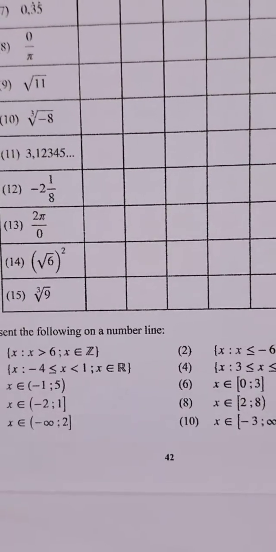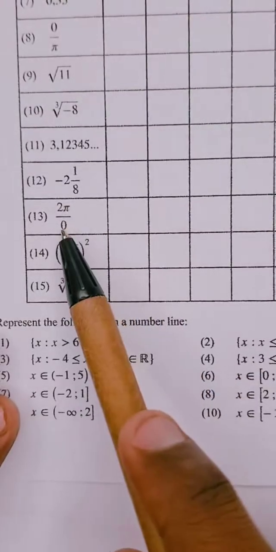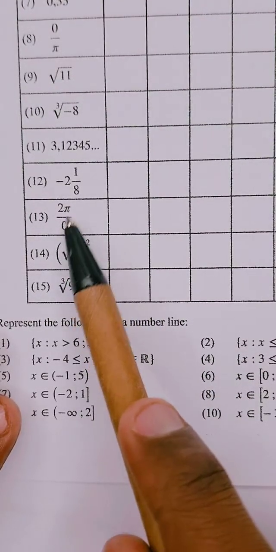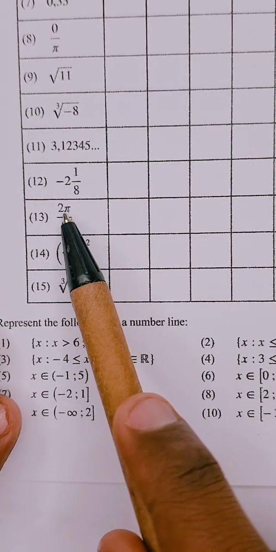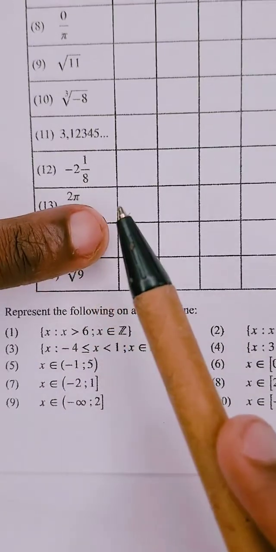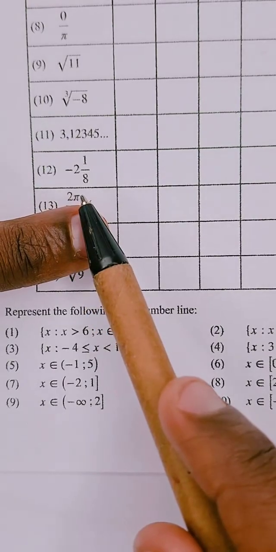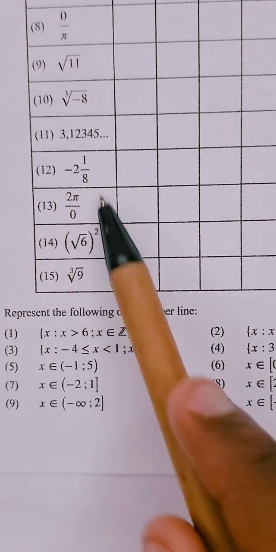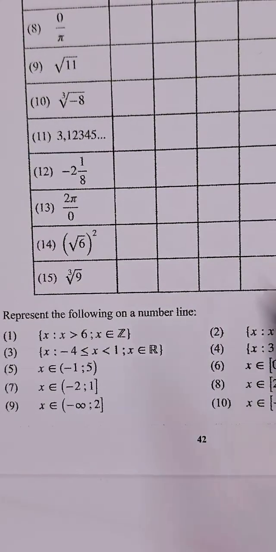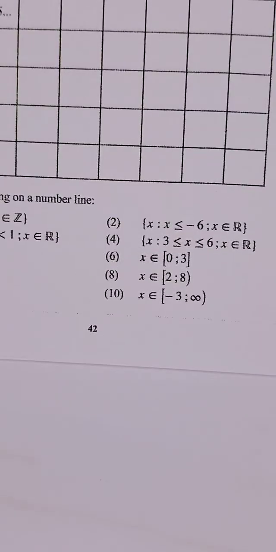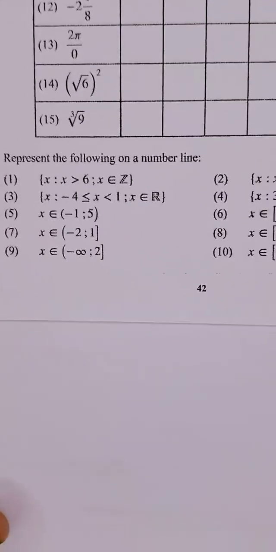Percy, I understand why you said irrational, because you are seeing 2 pi. If it was just 2 pi alone, yes, we would say the number is irrational. The minute you divide by 0, you are talking about undefined, and therefore the category is none of the listed above.